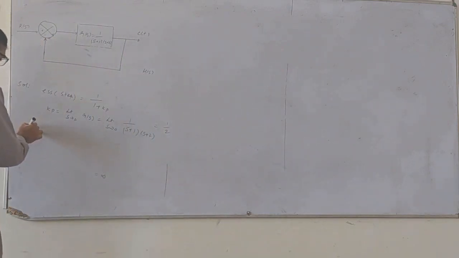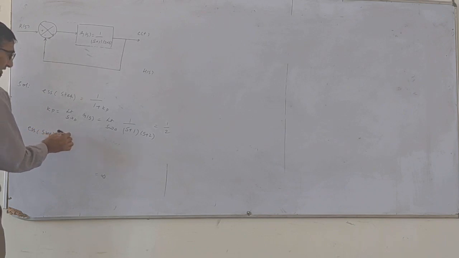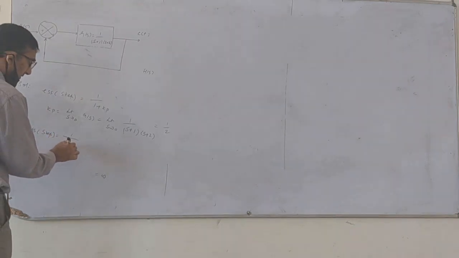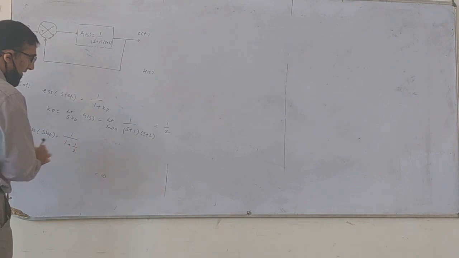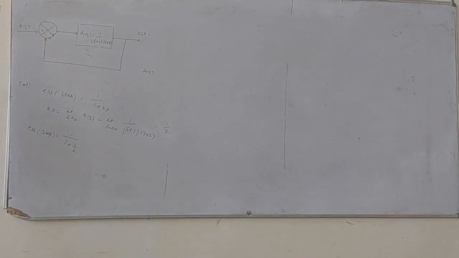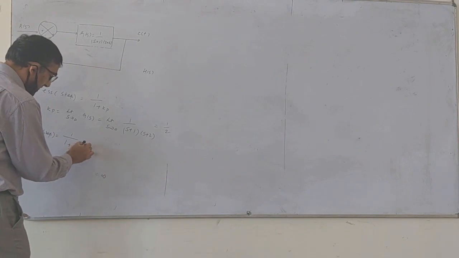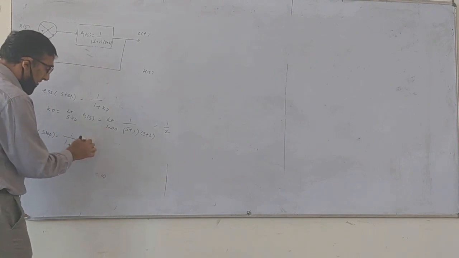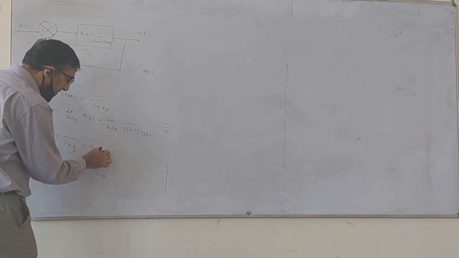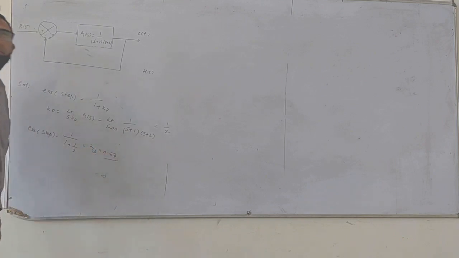So steady state error is 1 divided by 3 by 2, that will be 2 by 3. That is 0.67. Not a question of 30 seconds.